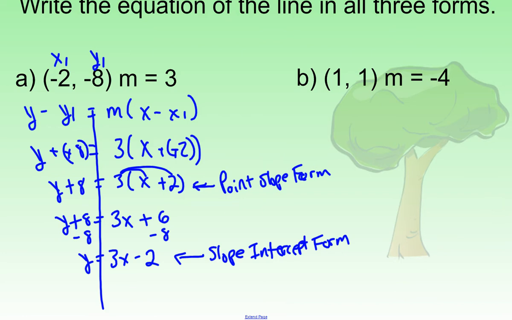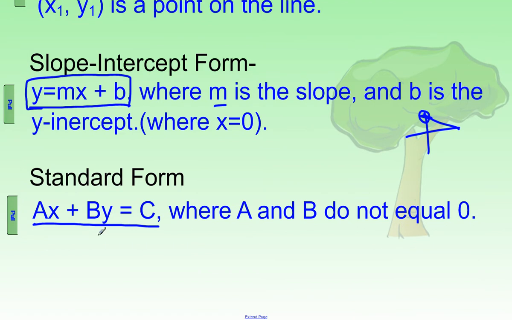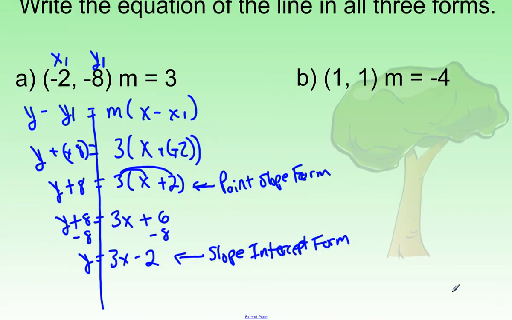The last step we're going to do, it's only going to take one step, is to get to standard form. We get the x's and the y's on the same side. So if I take this x over there with the y, I'd be done. So let's do that.